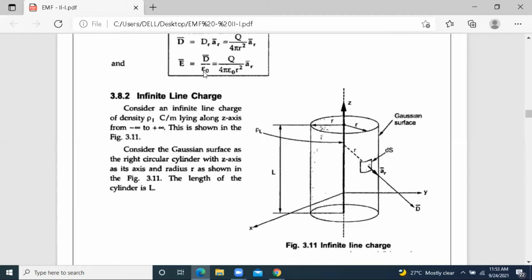So, say the permittivity of the medium is twice that of free space, your E would be equal to Q over 4 pi epsilon R epsilon naught R square AR, where your epsilon R would be what you term the relative permittivity, which in this case would be 2, because it's twice epsilon naught.